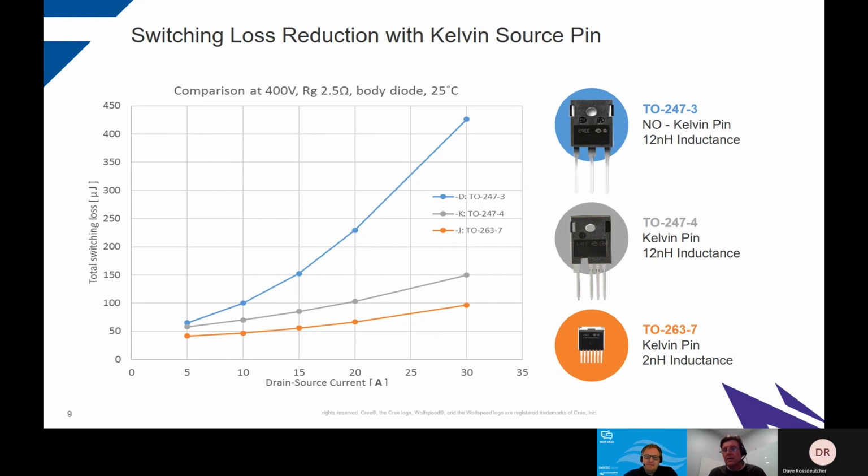This has stray inductance. If you simply change to a 4-pin Kelvin source part from Wolfspeed, then you're effectively bypassing that source power inductance, and you can reduce the switching losses by about a third by just simply moving from a 3-pin to a 4-pin.